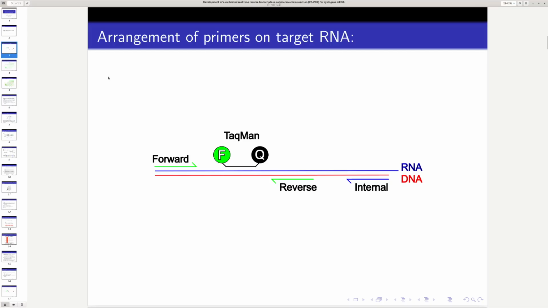And so what we do is we make a piece of RNA that's about 500 base pairs long that is base perfect when compared with a segment of the naturally occurring mRNA.